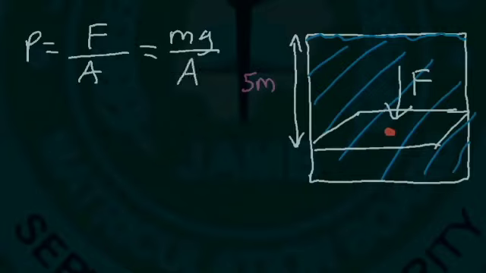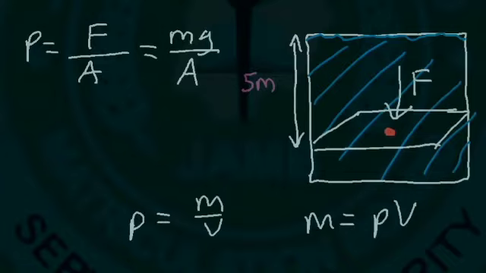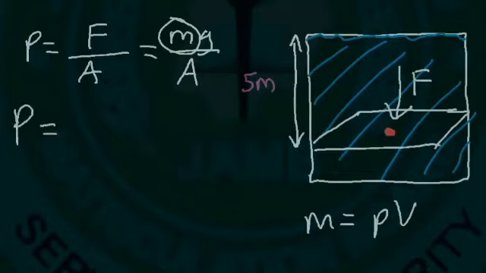Now, because we have a fluid, it's best to think of the mass of a fluid as being the density multiplied by the volume. Remember, density is mass over volume. So mass is density times volume. So let's replace m with ρV. So the pressure at that surface is the density of the fluid times the volume of the fluid above it, multiplied by gravitational acceleration, divided by the area.